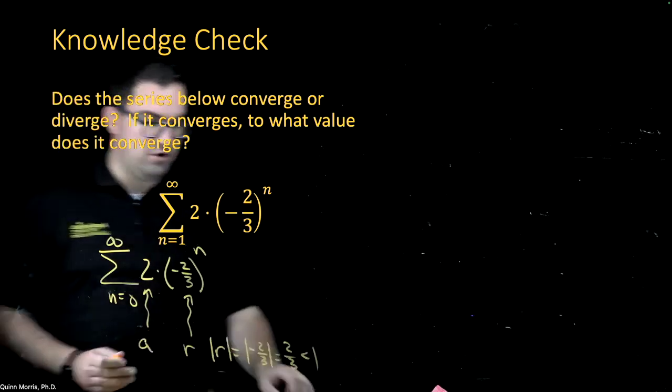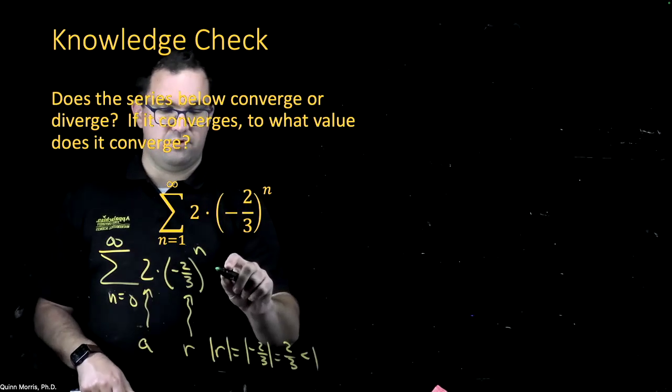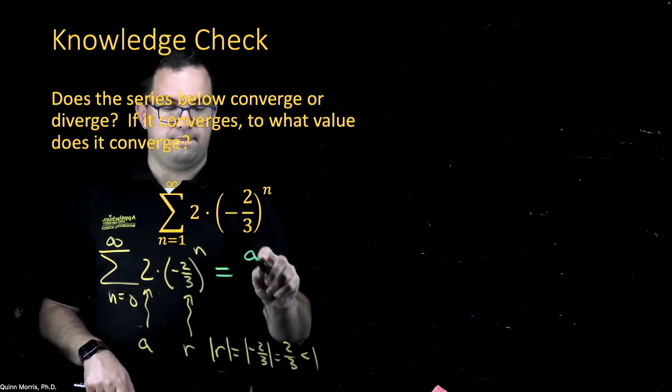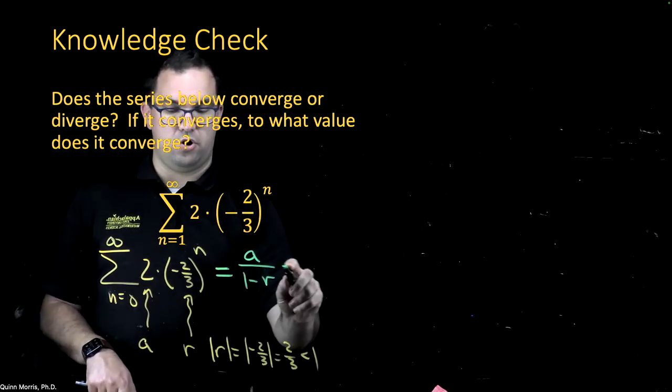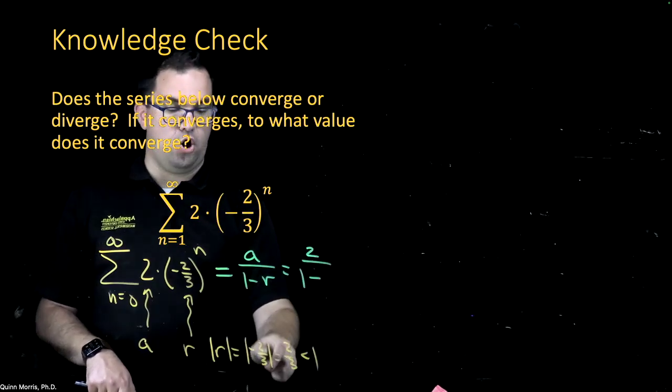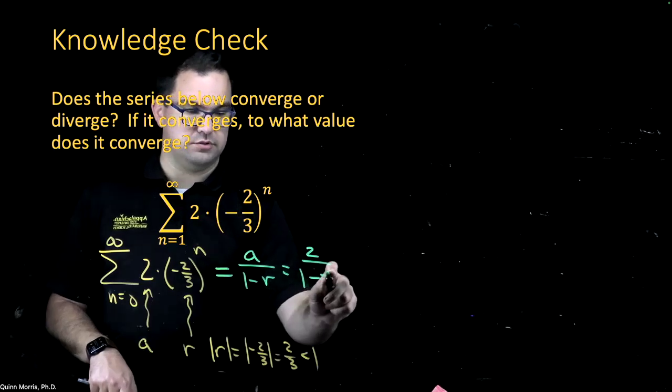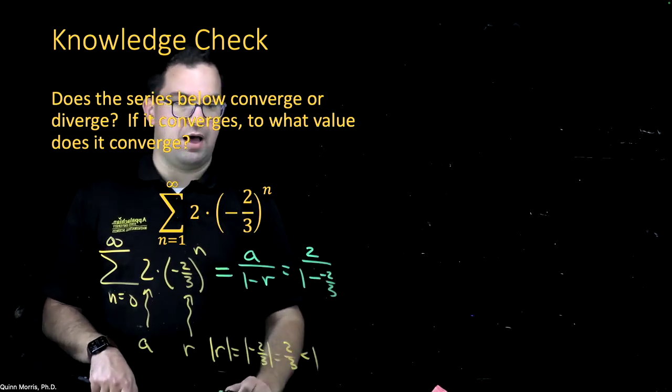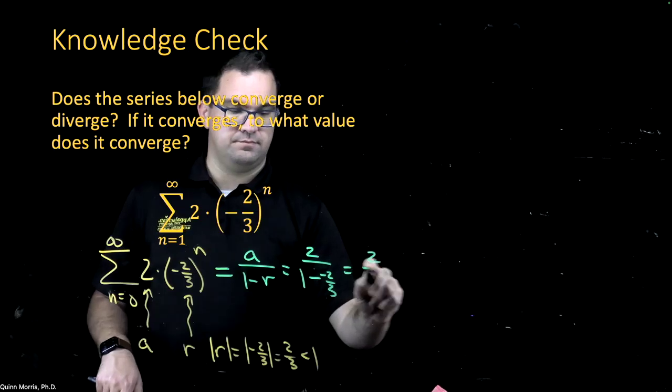And now that I know it converges, I know that it converges to a over 1 minus r. My a is 2 over 1 minus my r is negative 2/3. I'm going to do 1 minus negative 2/3.